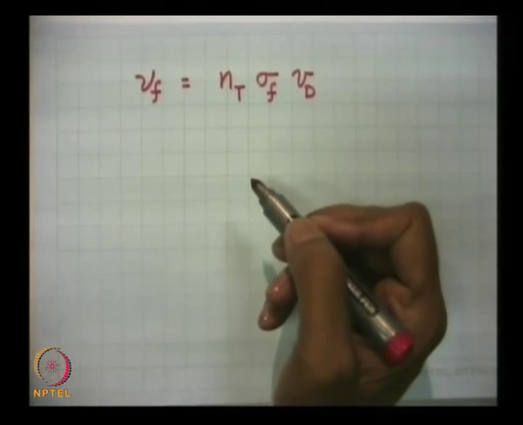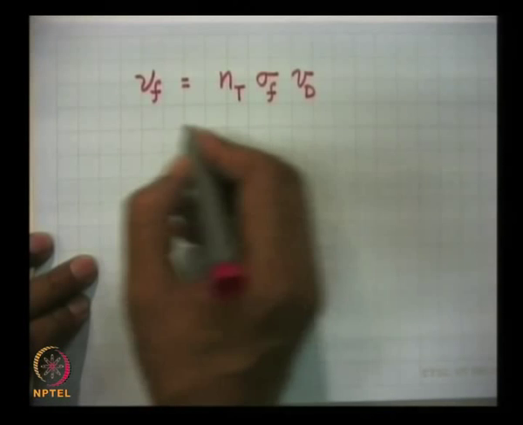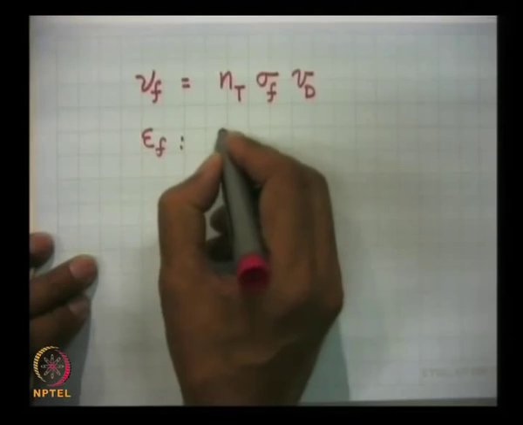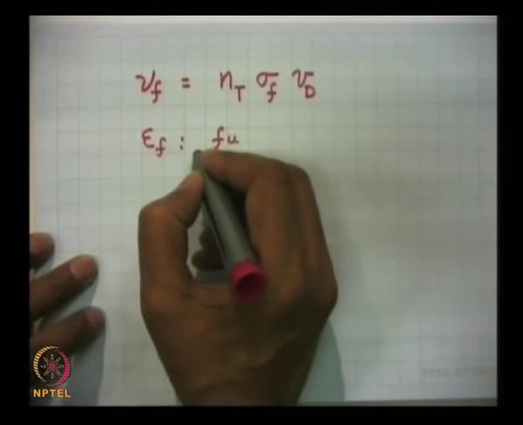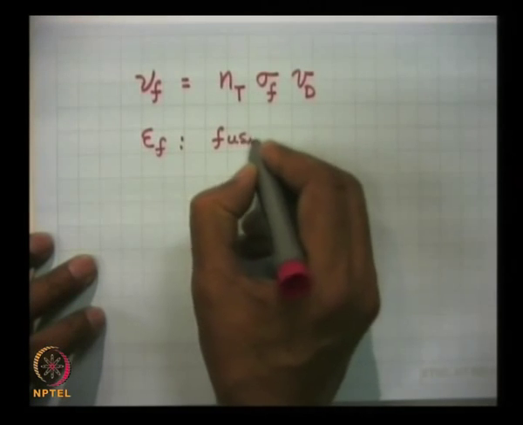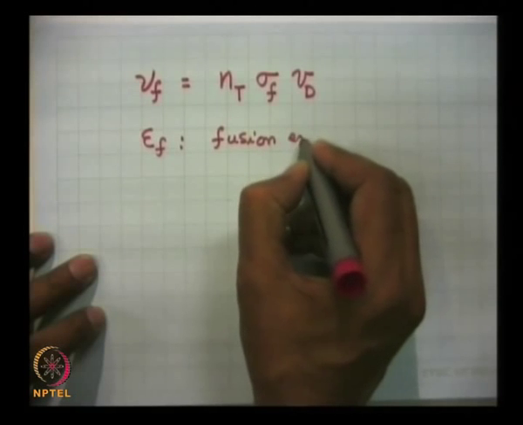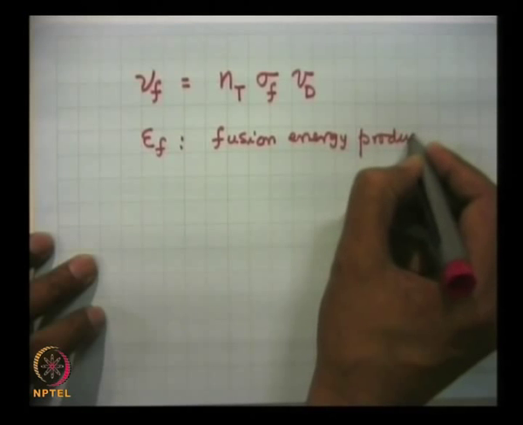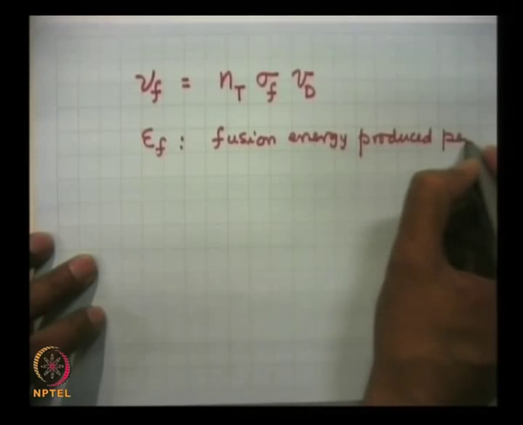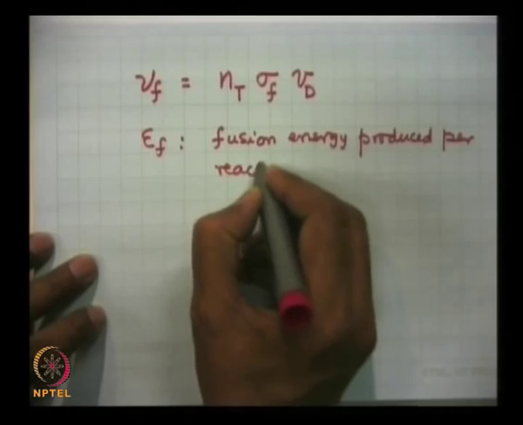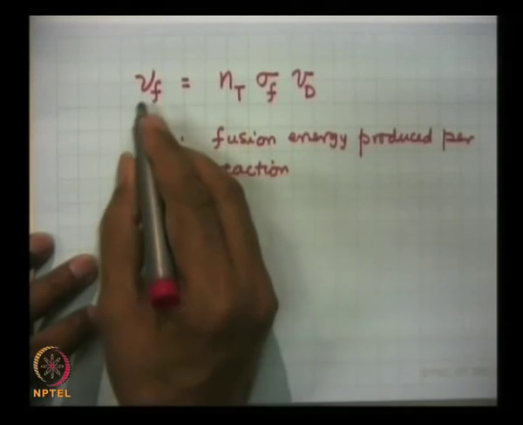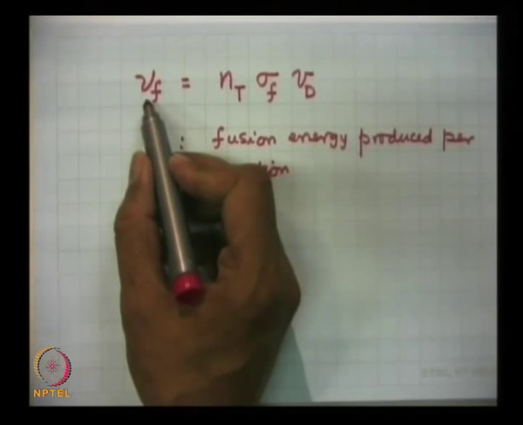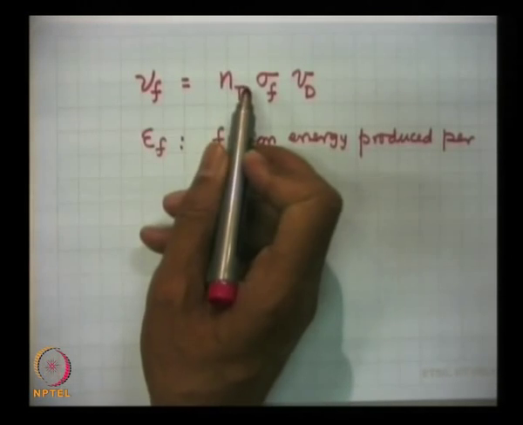And in each reaction you are producing energy, say EF. So, let me call EF the fusion energy produced per reaction, which is 17.6 MeV. Nu f is the fusion collisions each deuterium ion is undergoing with the tritium ion.